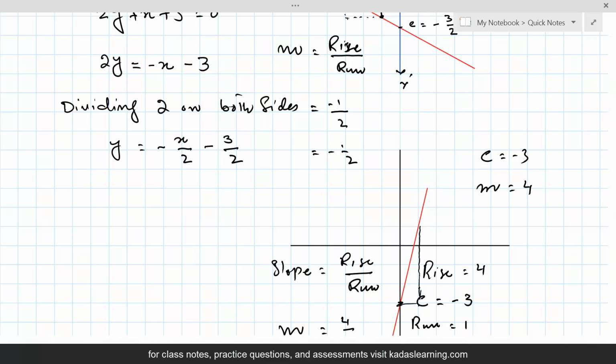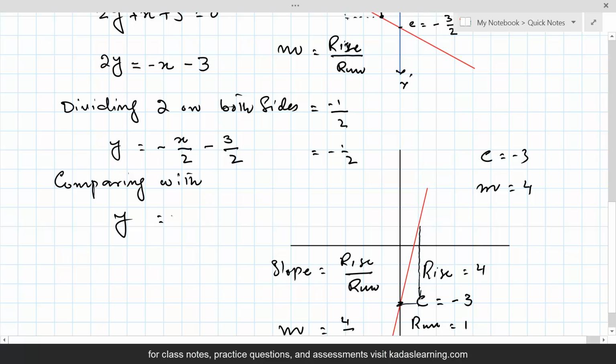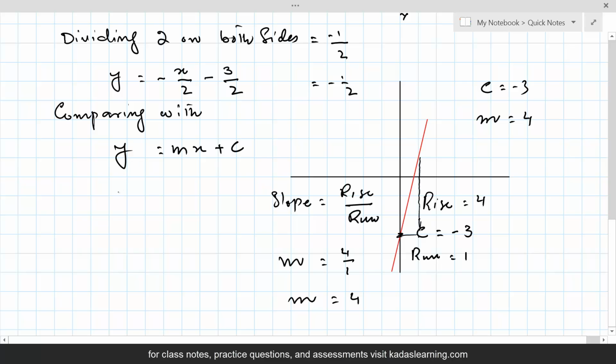So now we can compare it with y is equal to mx plus c, which is slope-intercept form. Here m is equal to minus 1 by 2 and c is equal to minus 3 over 2.